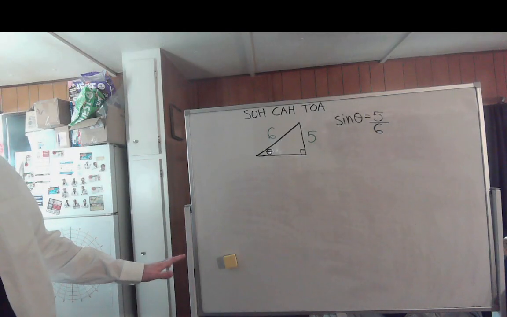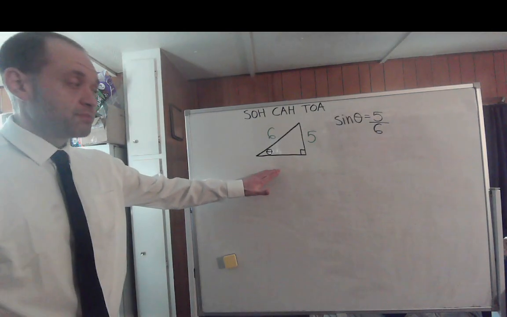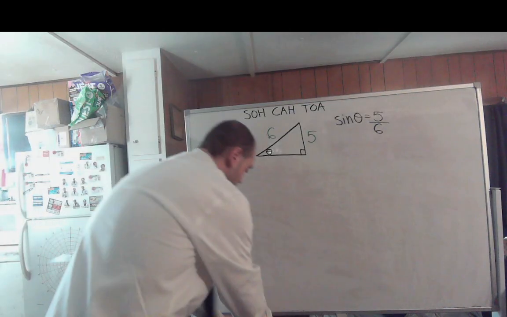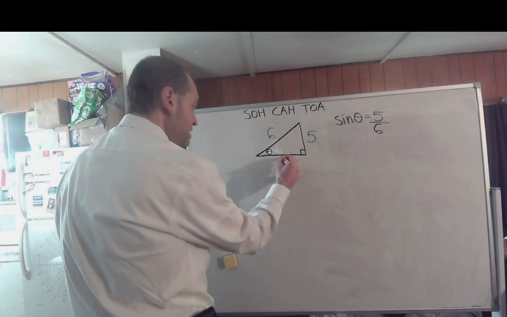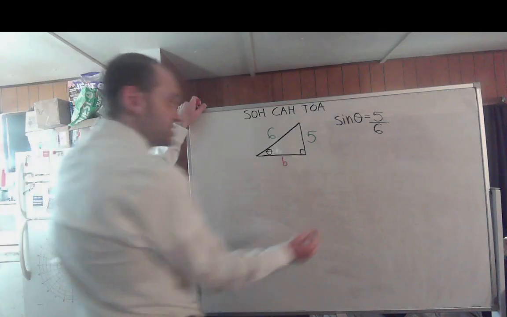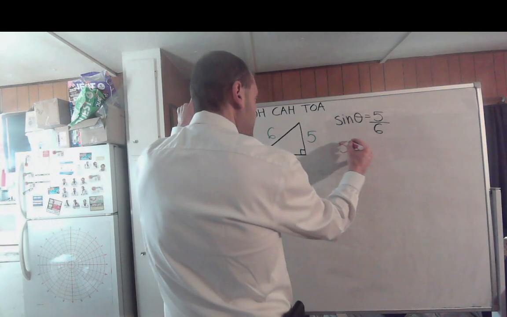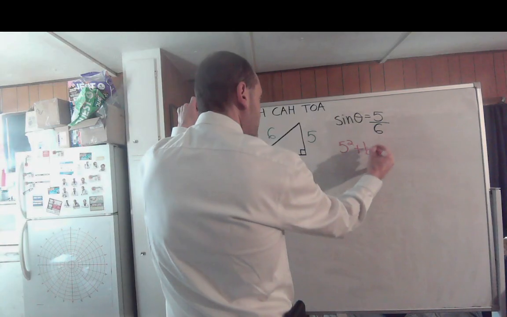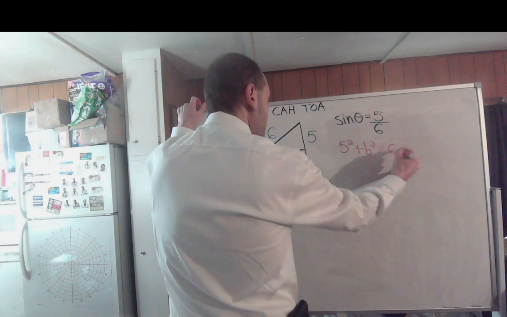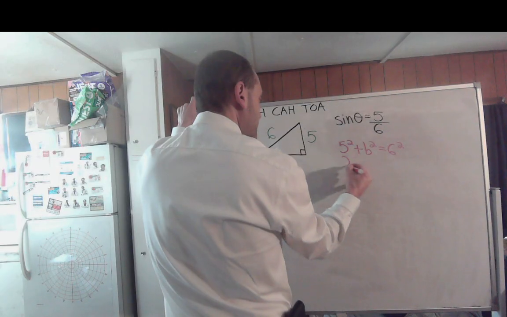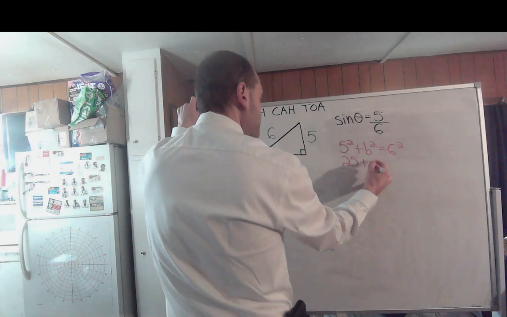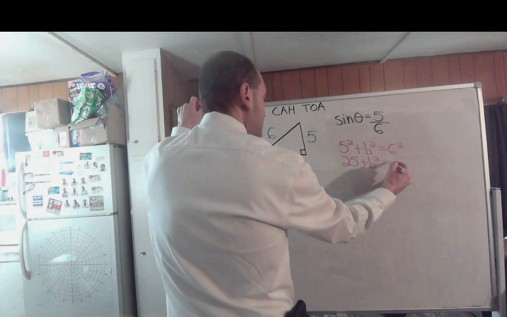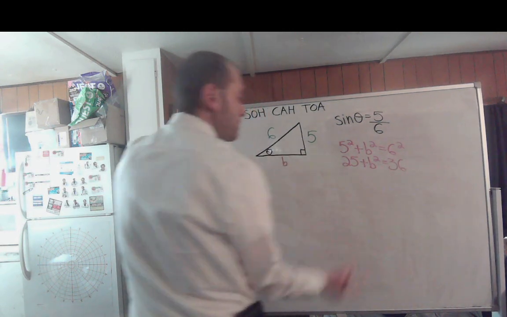Now from there, we need to use the Pythagorean theorem to find the length of the missing side. Again, we can call this side B. So this is going to become 5 squared plus B squared equals 6 squared. So you would end up getting 25 plus B squared equals 36.